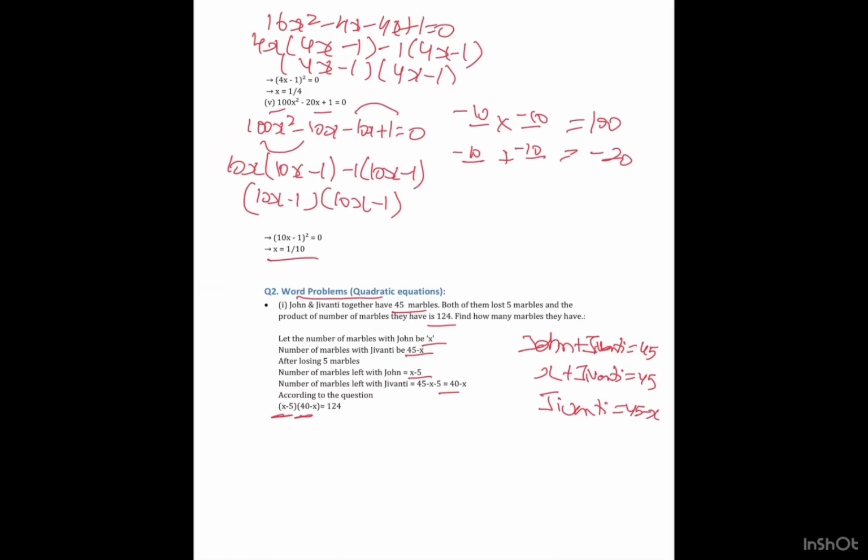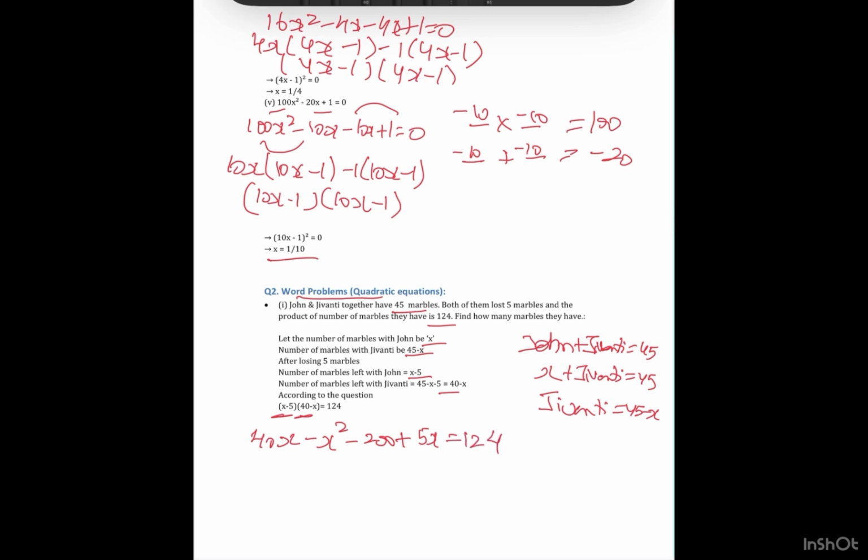X into 40 will give us 40x, minus 5 into 40 will give us minus 200, x into minus x will give me minus x square, and minus 5 into minus x will give me plus 5x. So my equation is 40x minus x square minus 200 plus 5x is equal to 124.